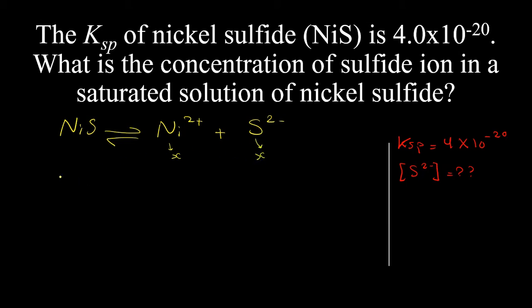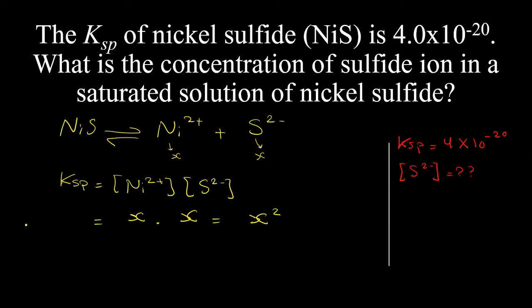After that, I write the equation for Ksp. Ksp equals the concentration of nickel multiplied by the concentration of sulfide ion. So here I'll write X for nickel multiplied by X for sulfur, equal to X squared.